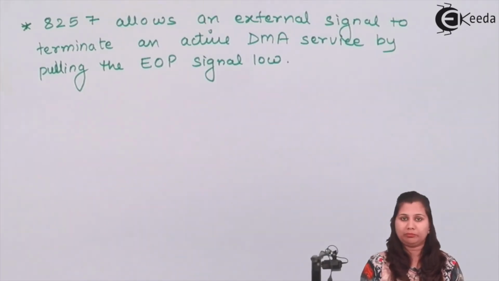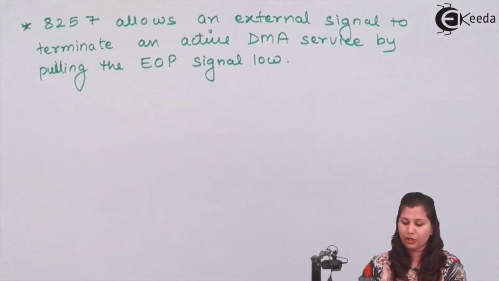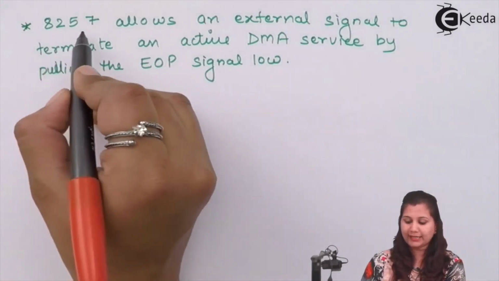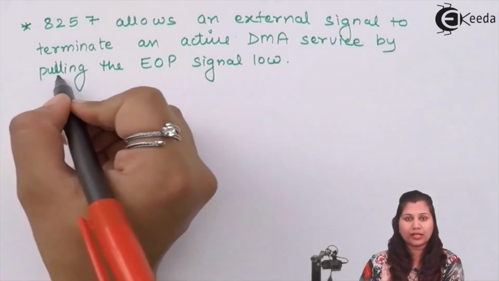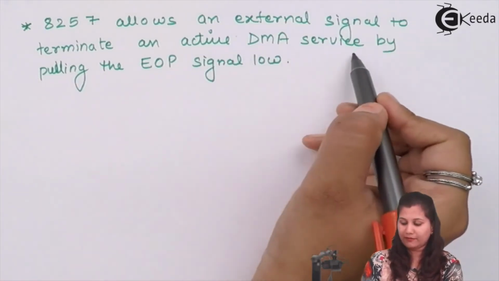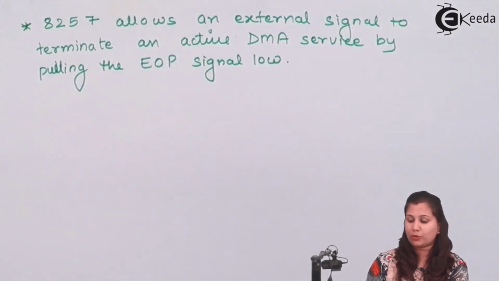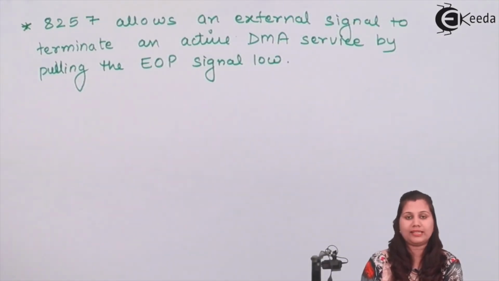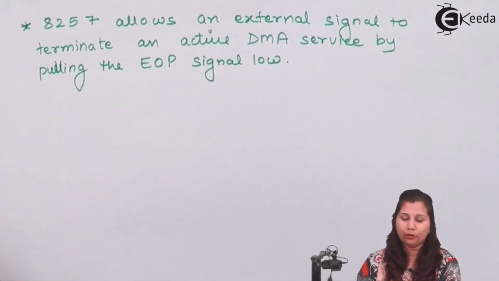So that will be terminated and all the process will be stopped. Okay, so this line says that the 8257 allows an external signal to terminate an active DMA service by pulling the EOP signal low. So at any time the DMA service can be aborted by pulling the EOP signal low.